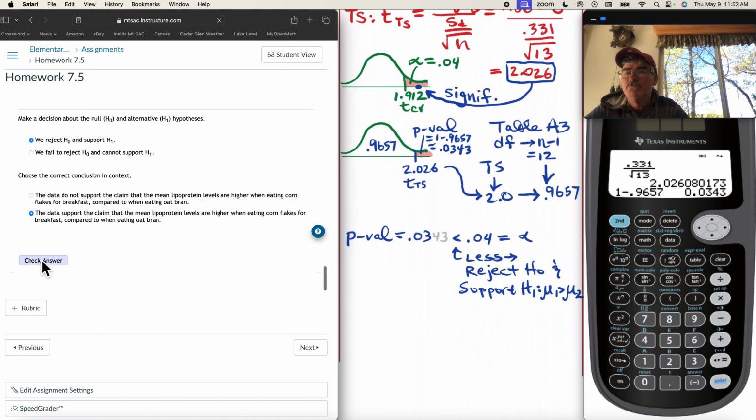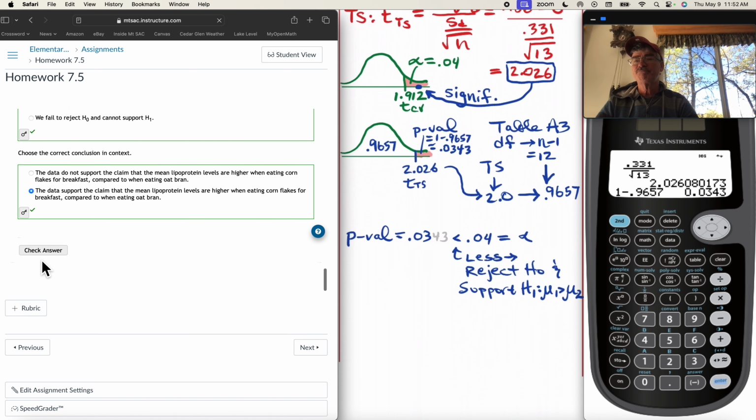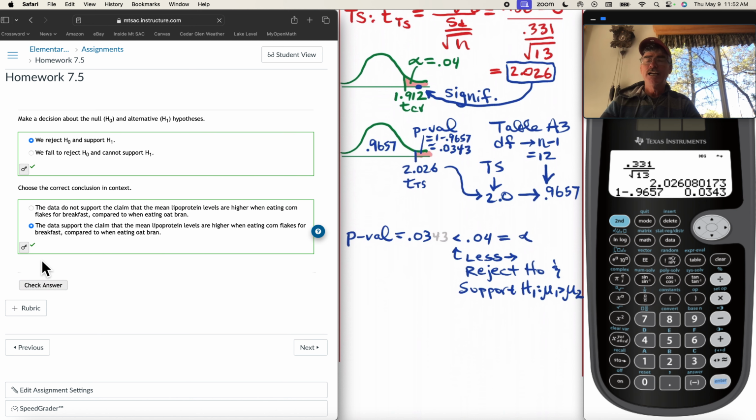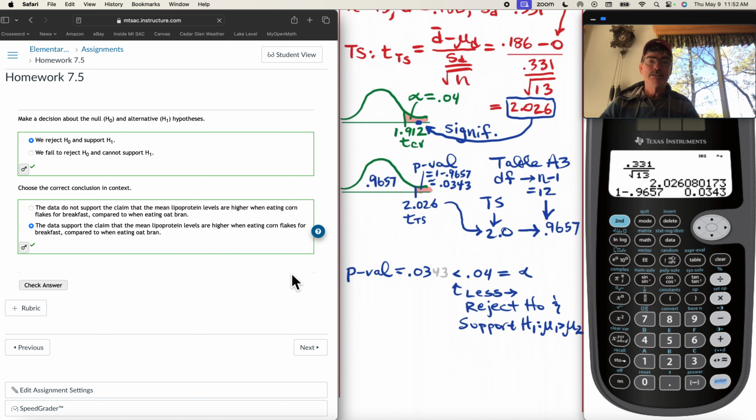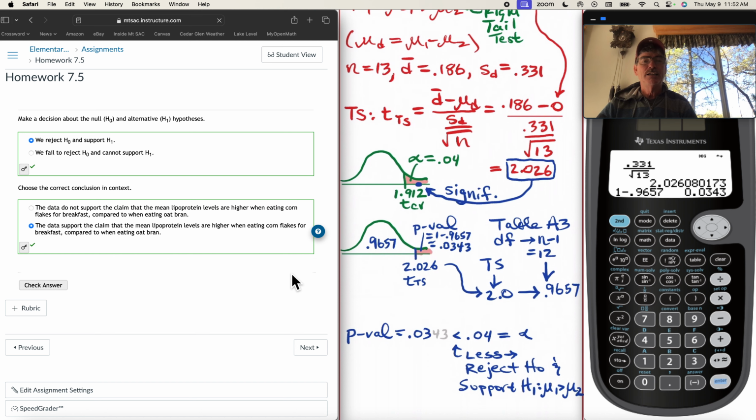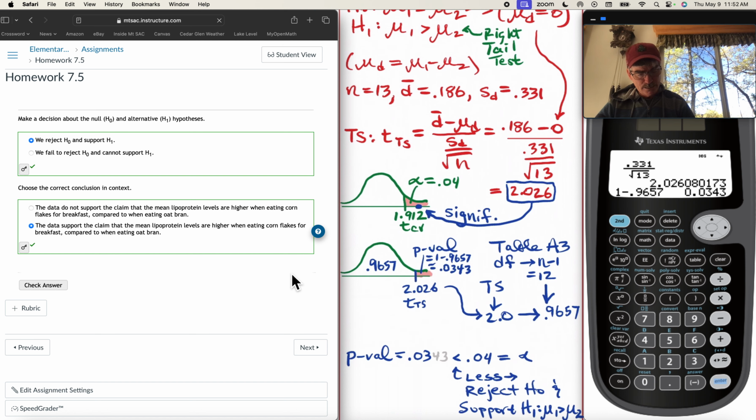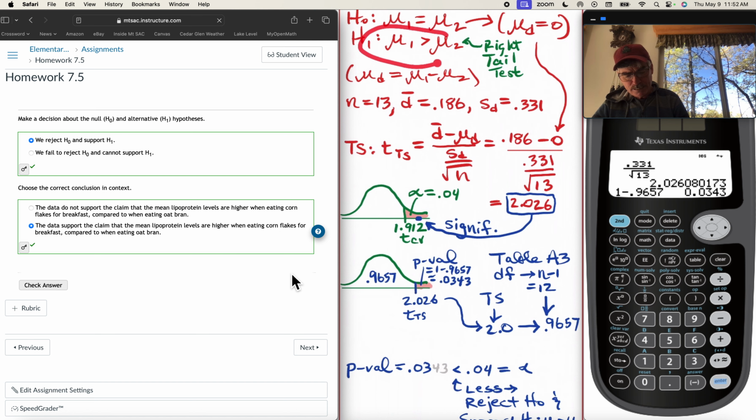And so we should be good to go. 7 out of 7. All right, so that's basically how a right tail test would work. A left tail test would say mu1 is less than mu2, and then the two tail test would say mu1 is not equal to mu2, and you just got to kind of figure that out as you read the problem. Best of luck, everybody, with 7.5.